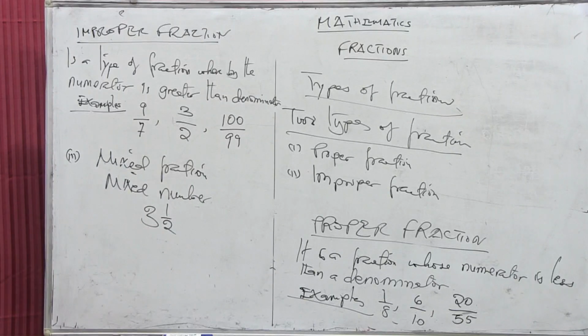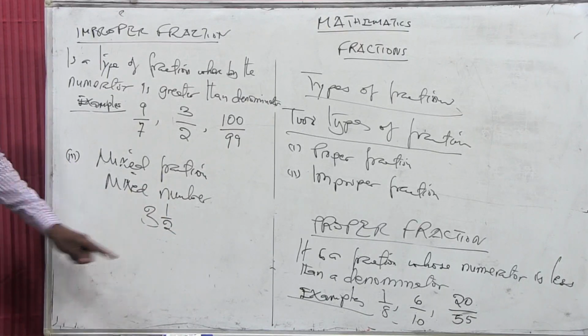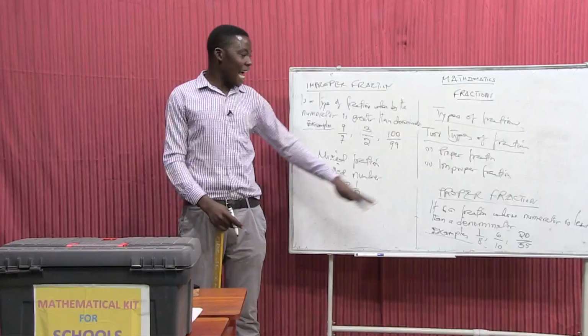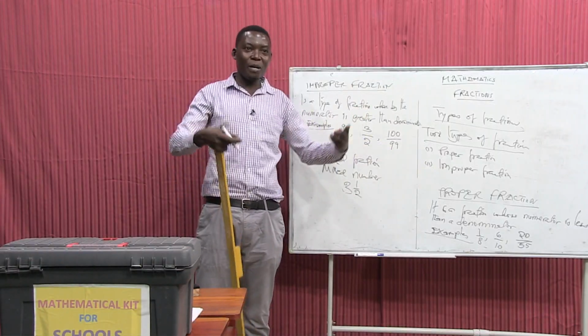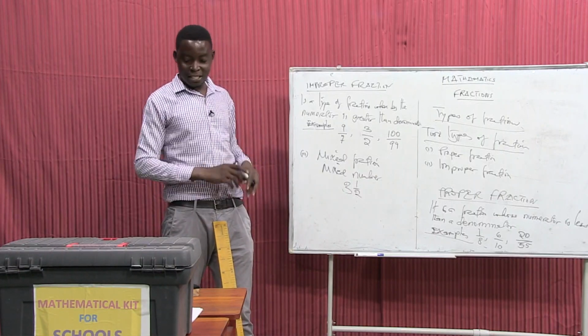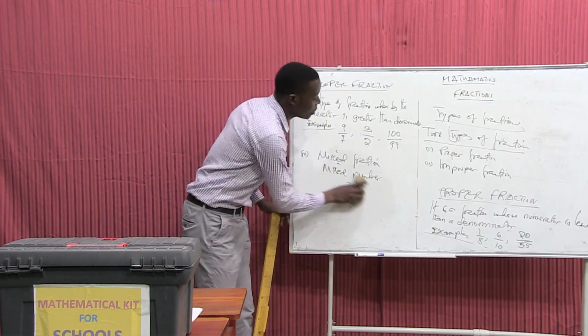So for your level, it is very difficult to catch this or to agree with me that this is a kind of fraction. That's why I told you that we have two types of fraction. As you grow up, you will see good things according to your level.